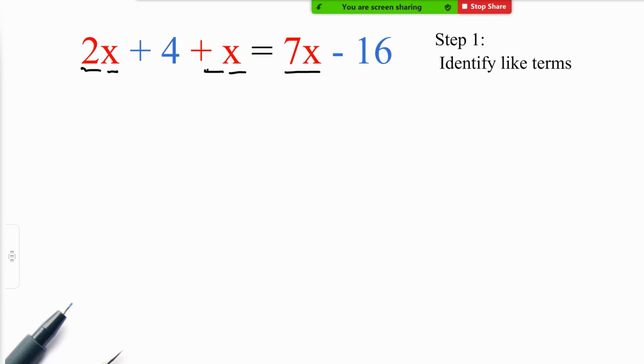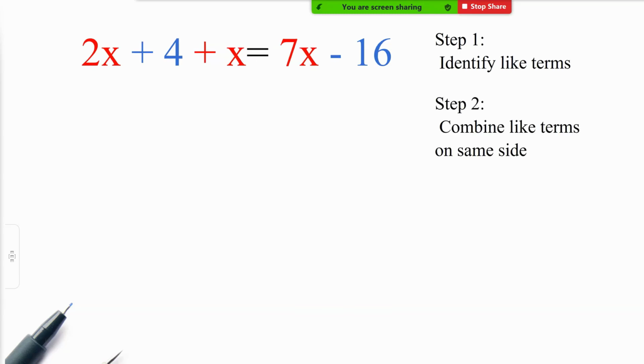Okay? I have all the variables in red. You have to recognize that like terms, you identify your variables and your constants. I have a constant positive 4 and a constant negative 16. Okay? First, we identify like terms because that tells us what we're going to combine.